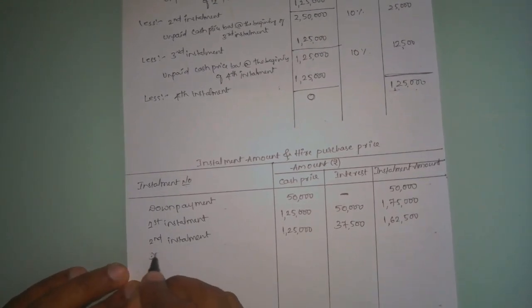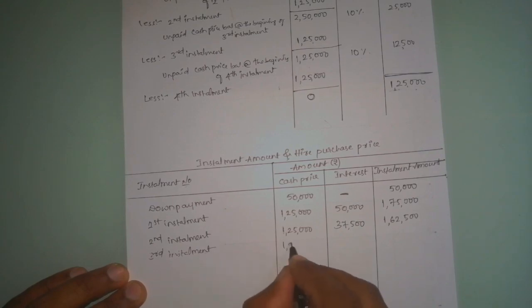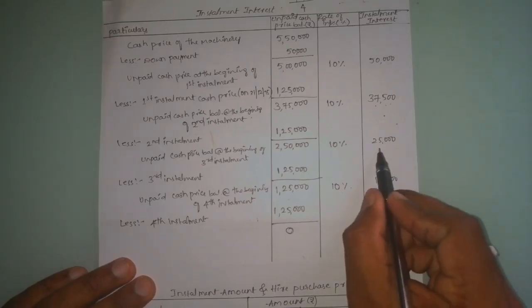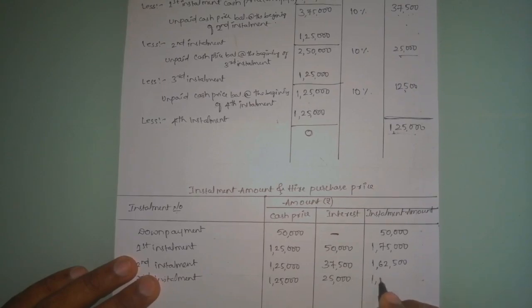Next, third installment. So cash price is the same, 1,25,000. So interest is 25,000, which leads to 1,50,000.